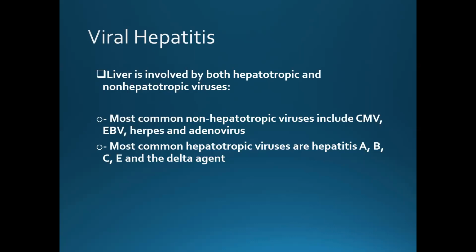So it is a blowback, if you will, or a secondary involvement with a systemic viral infection. Examples of non-hepatotropic viruses that may affect the liver include CMV, Epstein-Barr virus, herpes, and adenovirus. For the hepatotropic, the stars of the process will be hepatitis A, B, C, E, and Delta.